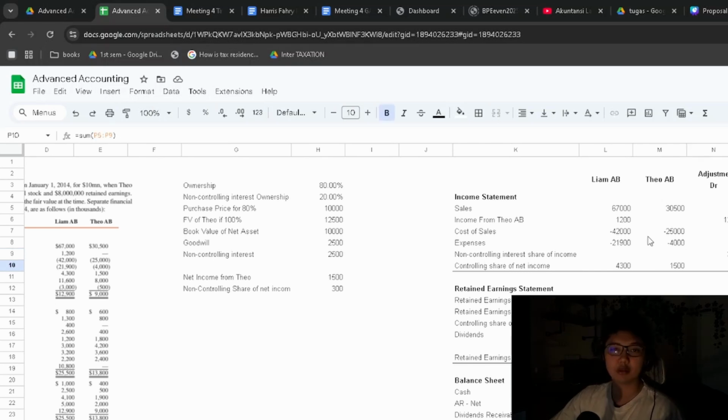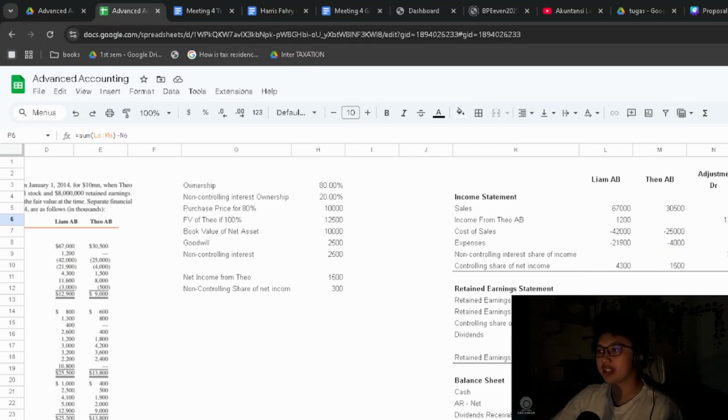Okay, so the reason I did this is basically, Liam has sales and Theo has sales, right? If we combine those two sales, it will become this. They have costs, so each of them incurred costs, and so that's the total cost, and each of them have maybe expenses other than cost of sales that should go there.